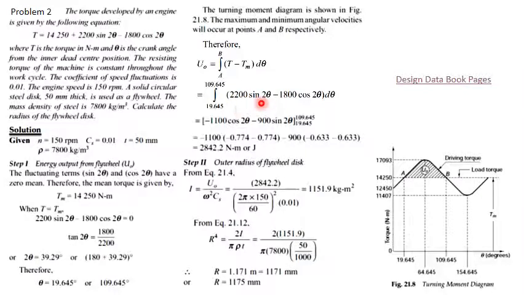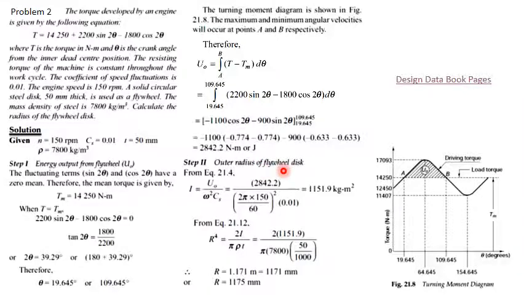Integrating this equation with respect to theta, we get the answer for the maximum fluctuation of energy that will occur during the period of the cycle AB, and it comes to 2842.2 Newton meter.